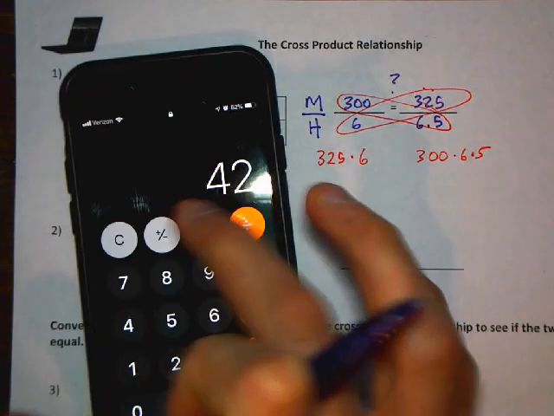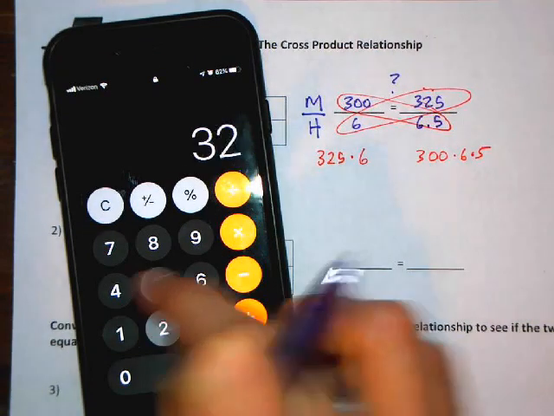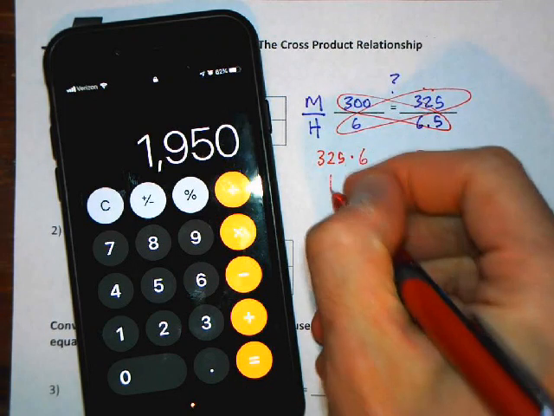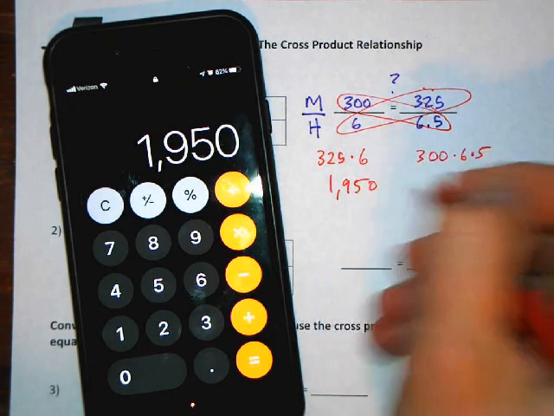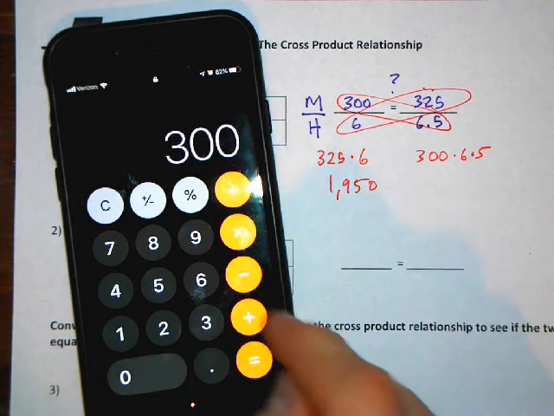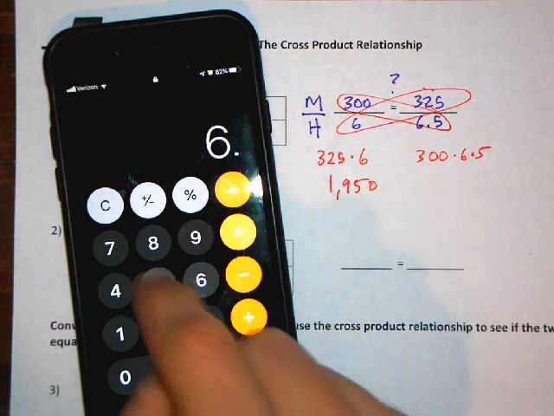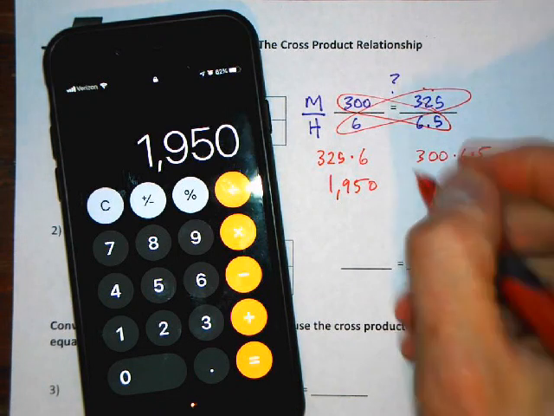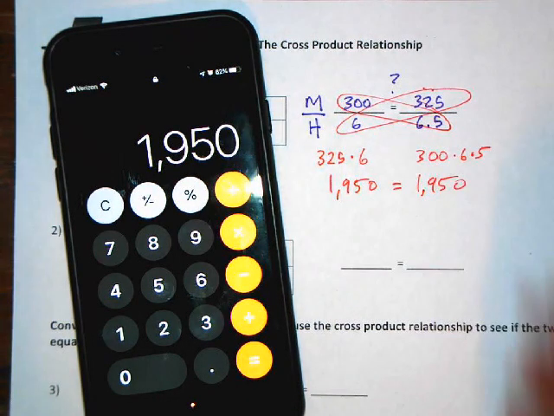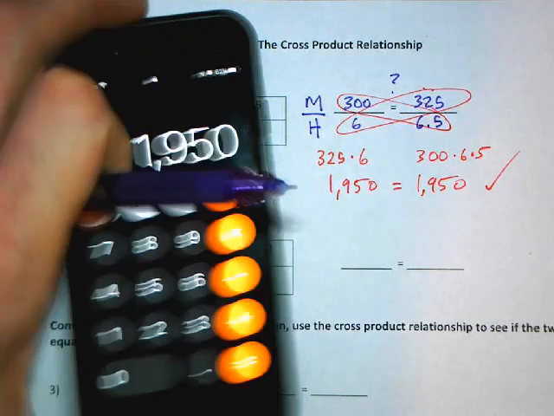Let's see what we get. 325 times 6 is 1,950, and 300 times 6.5 is also 1,950. So they're equal. It is a true proportion.